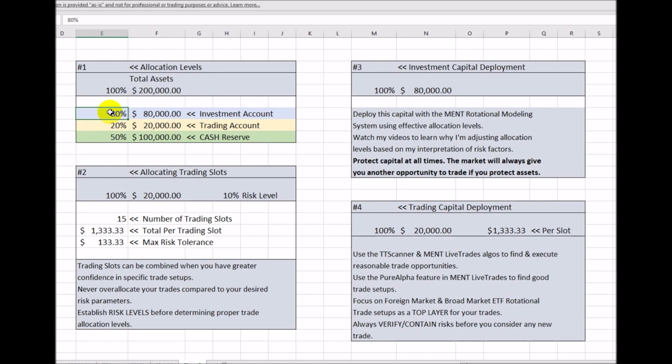That would allocate roughly 80% of your remaining capital into a long-term investment strategy, whereas 20% would go into a trading account.